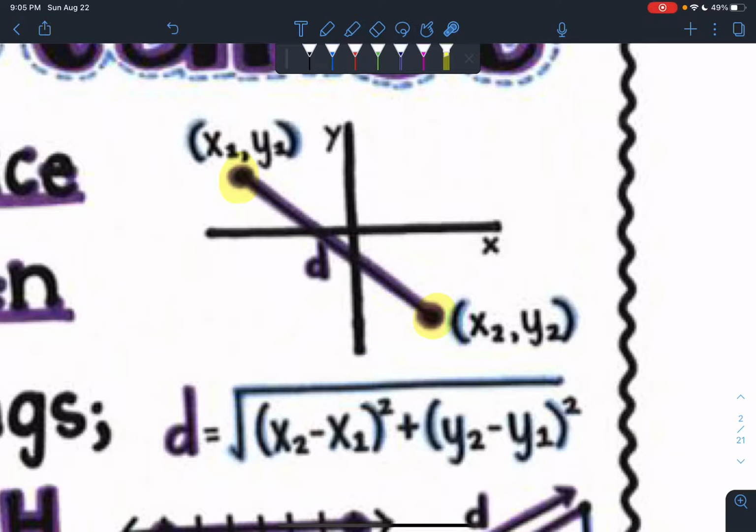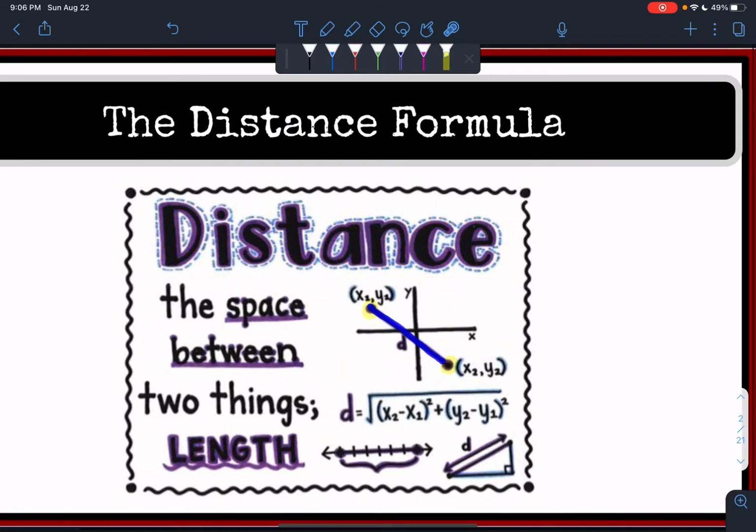So we plug in an x2 and x1 and subtract that, raise it to the second power, plug in a y2 and a y1, subtract those, raise that to the second power, and add it. Finding the square root of that then gives us the distance between those 2 points, or as we refer to here, the length of that segment.